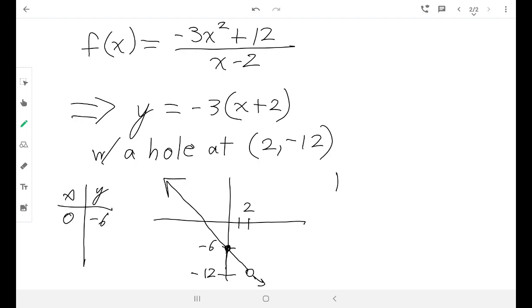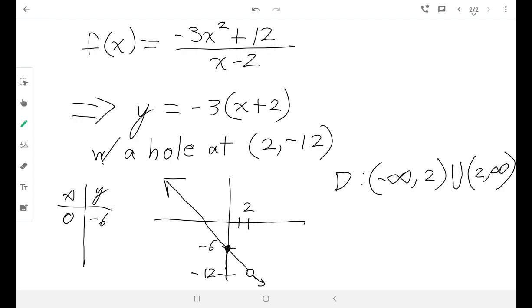And of course, the domain of that graph would look like this. The notation goes from negative infinity to 2, not including 2, and that is joined, or unioned, with 2 to positive infinity.